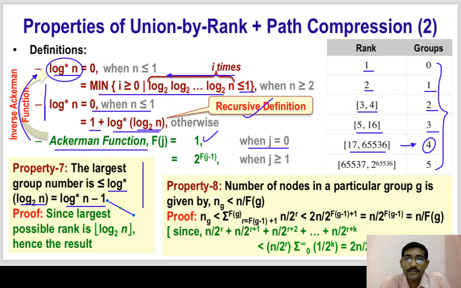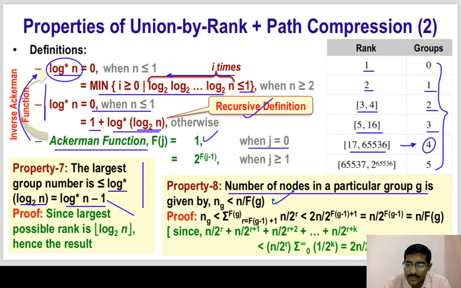I will assign those many credits, or those many changes in the node pointers, and see what the complexity is. That will reveal the effect of path compression. We are not yet at the final answer. Rather, we need another property with respect to groups: the number of nodes in a particular group G is given by this formula, where Fg is the Ackermann function.